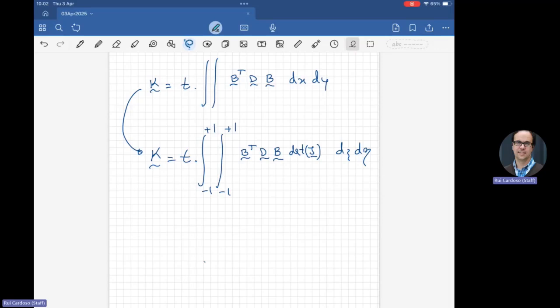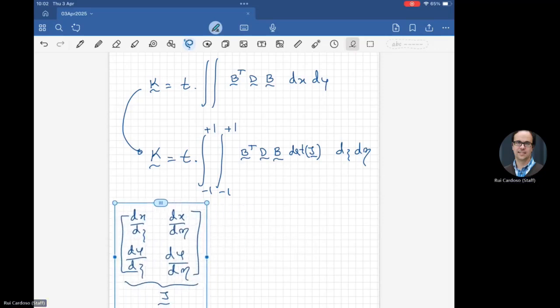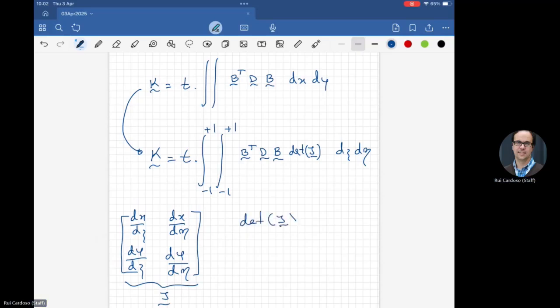So if I put here the determinant of the Jacobian, this is going to be equal to dx d(xi) times dy d(eta) minus dy d(xi) times dx d(eta), right? Very easy, very simple to do.